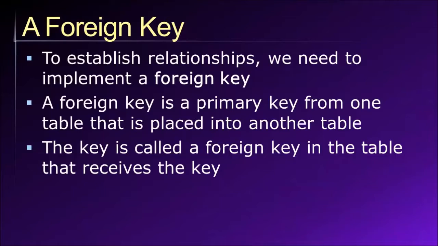The key value is called a foreign key in the table that receives the new column. So we create a new column in a table that is the primary key from another table. This new column is called the foreign key in the table which receives that column.